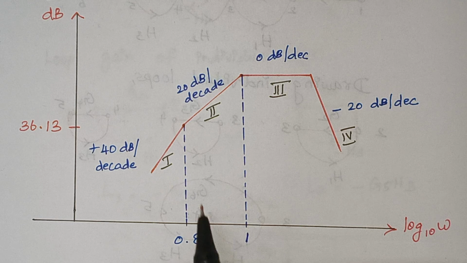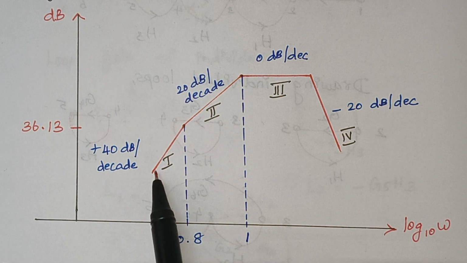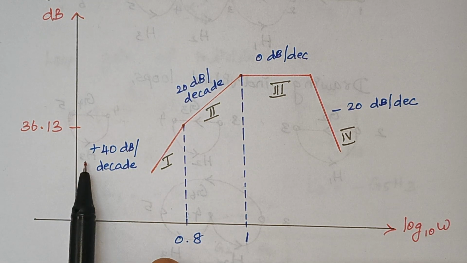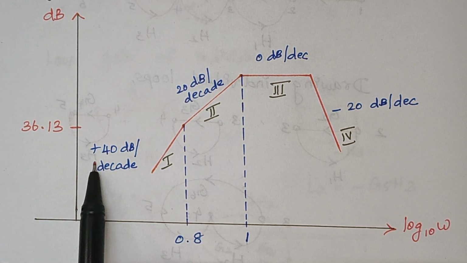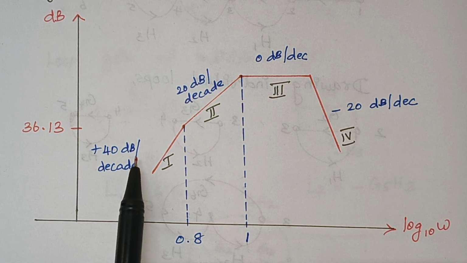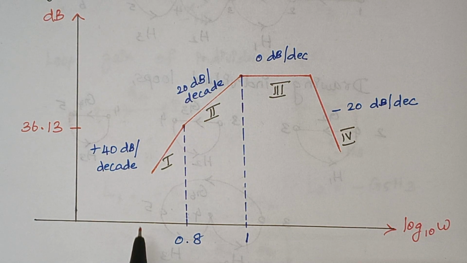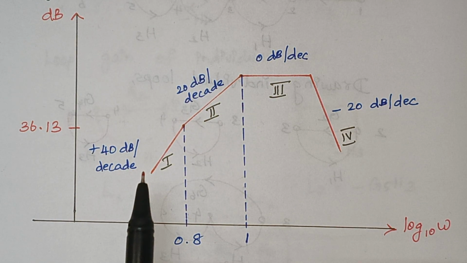As we all know, the first slope is contributed by the individual s term which is present in the transfer function. So here what is the value of slope? The slope is plus 40 dB. Can you guess where the s is present? Here not s, we are having s square, because a single s contributes a slope of 20 decibel per decade.